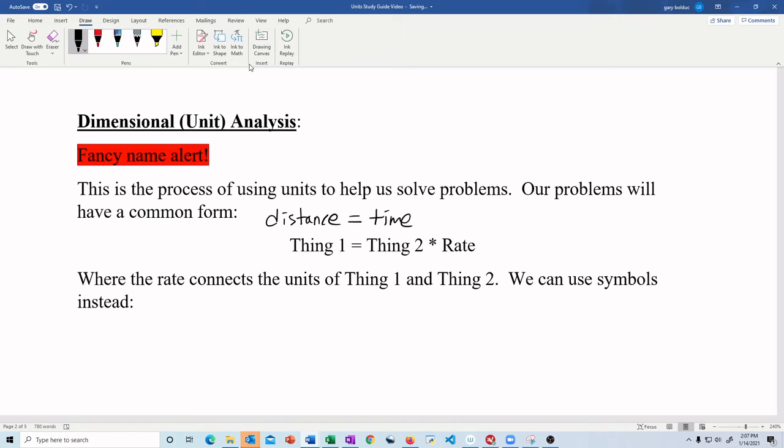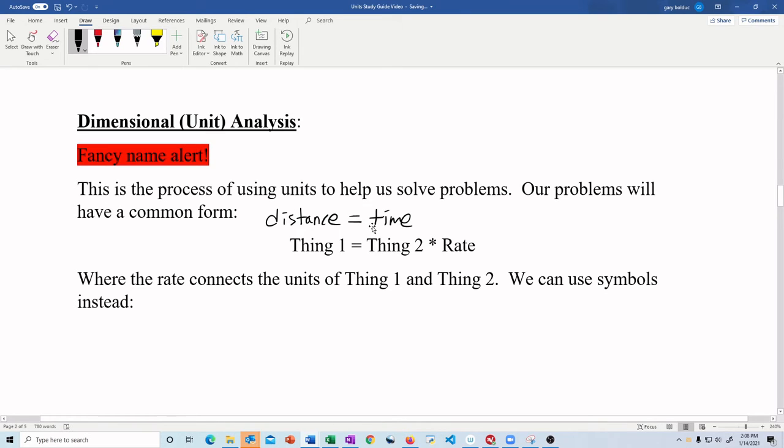It's a rate, right? So if I'm driving in a car and I want to connect the distance I travel with the time it takes me, then I need something here that connects the two. And what's super great about this idea of unit or dimensional analysis is we actually already know what this rate has to look like, because the units of this rate here have to agree with the units here. It's crazy, right?